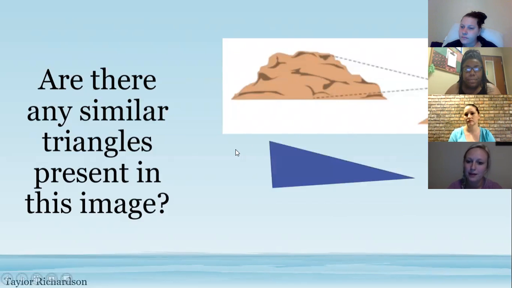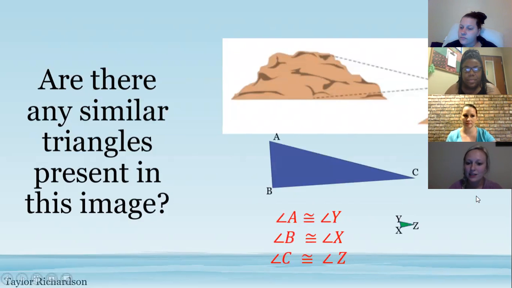And I'm going to pull them out to make it easier for us to see. So when we look at these 2 triangles, we can see that they look very similar. So that's why we can call them similar triangles. But when we label the angles, we can know that angle A is congruent to angle Y, angle B is congruent to angle X, and angle Z is congruent to angle Z.